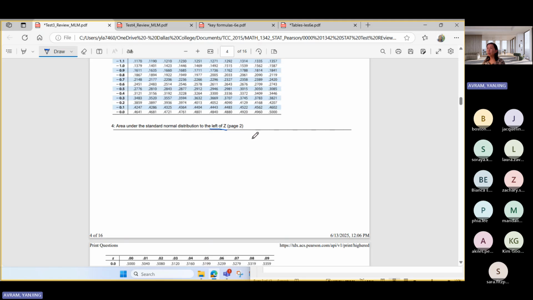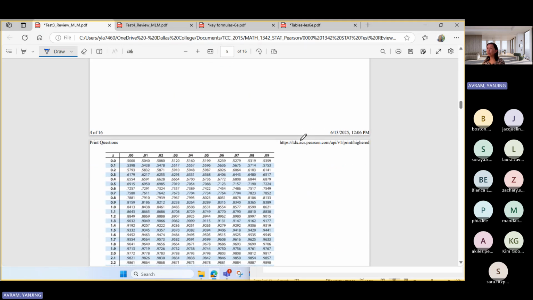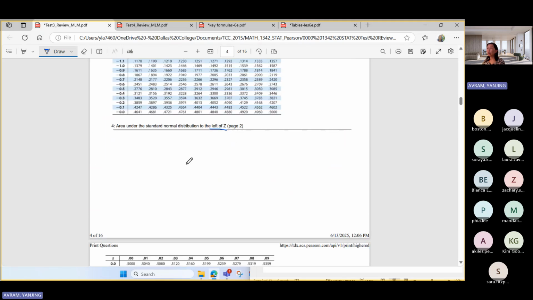For some reason, this one did not show the z-score. This should be something like that, giving you a z-score in here. Because this was printed out, some of them probably from the MindMap method, some of them got shrunk and cut off. So I'm just going to say the z-score is negative 1.32, right?